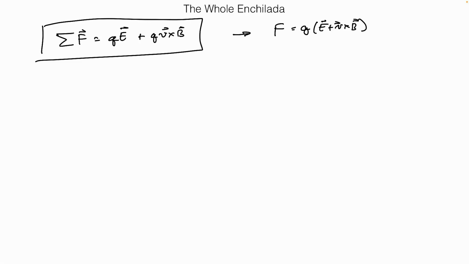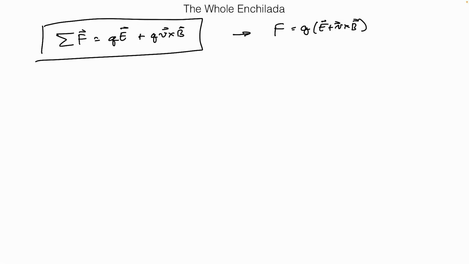But I like this form written out here because it gives a distinction between the electric force and the magnetic force, right? The charge is experiencing forces from electric fields and forces from magnetic fields.